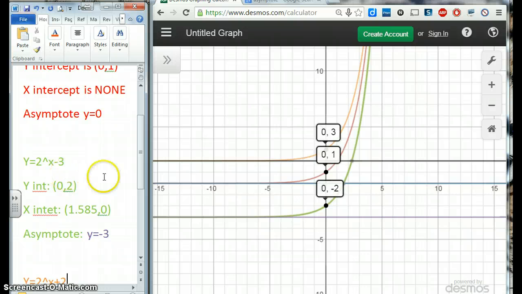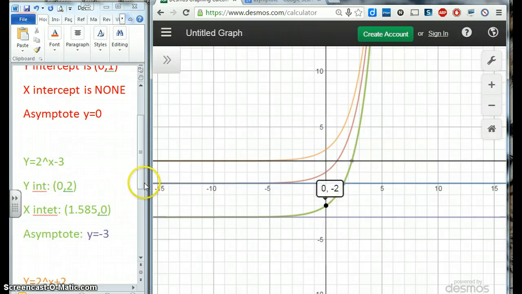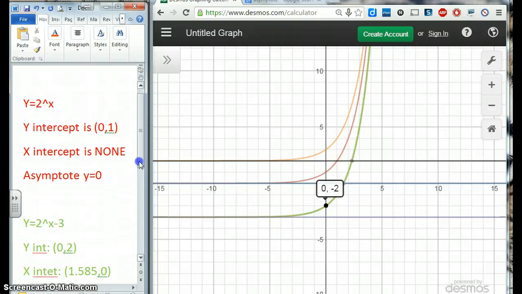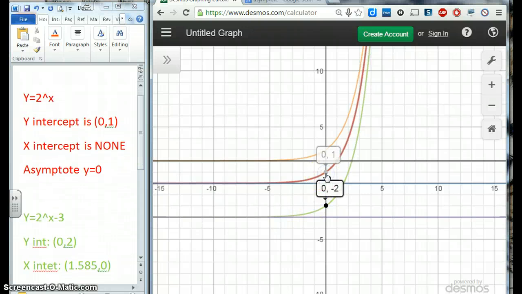Excuse me, (0, negative 2). My bad. So the green one is (0, negative 2). And basically, if you look at it, 1 minus 3 gives you negative 2. See? So you can see the original is 1, and if you go down 3 from there, that's going to be negative 2.